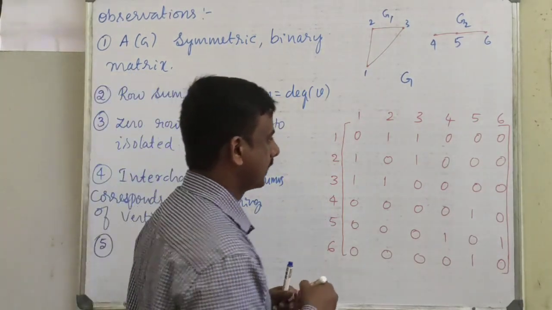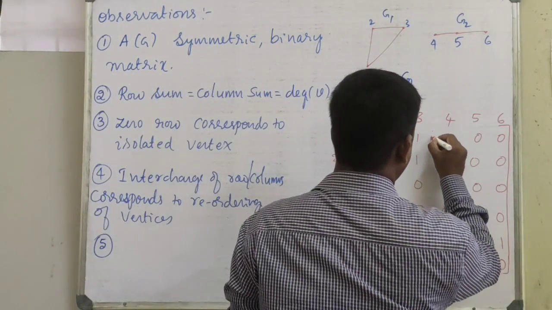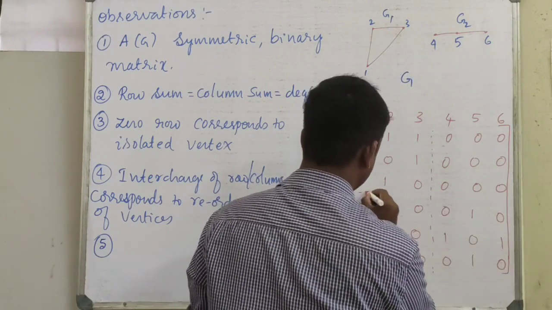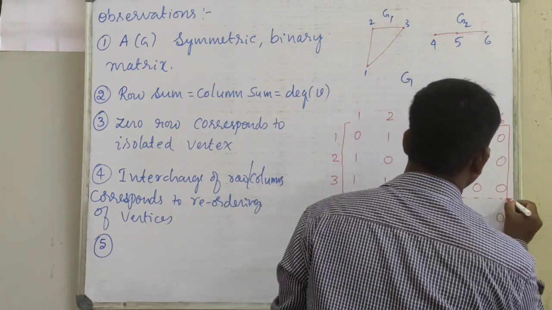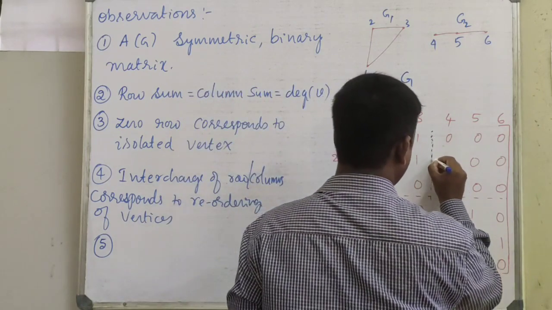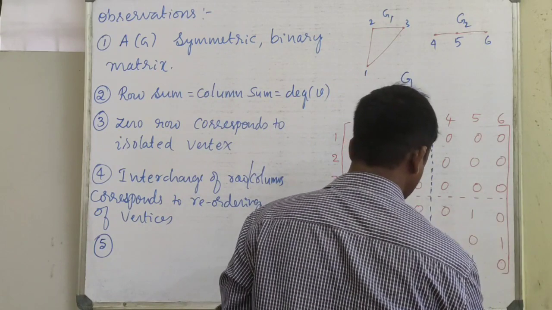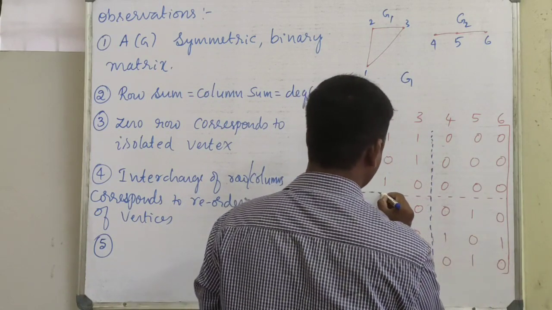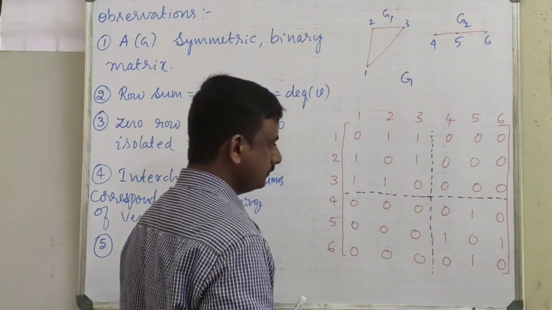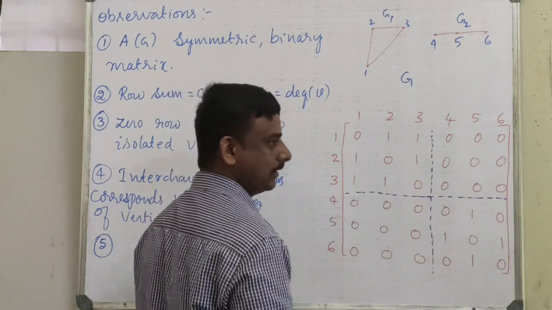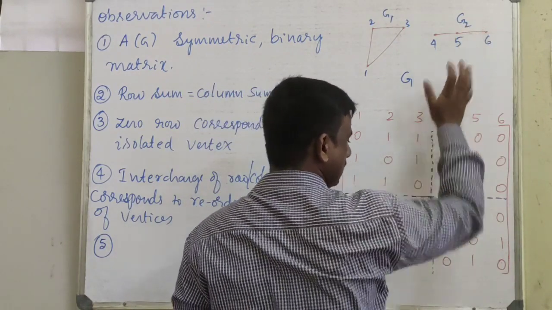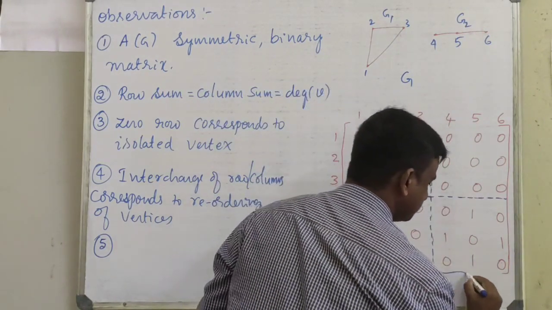Now see, I can split this matrix like this. You can write the adjacency matrix of G2 separately, that will be this one.